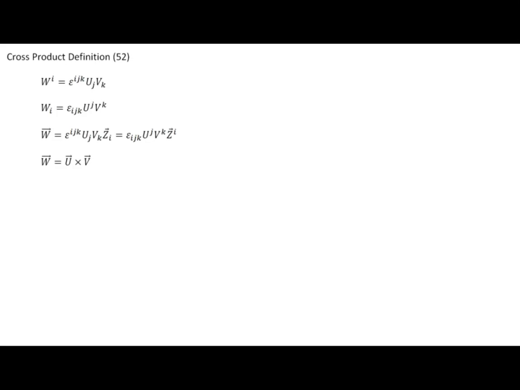What we've done in this video is to define an operation known as the cross product. The cross product consists of two vectors, u and v in this case, combined with the Levi-Civita symbol, thus producing yet a third vector.